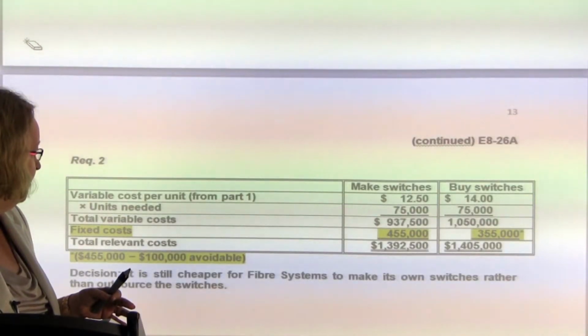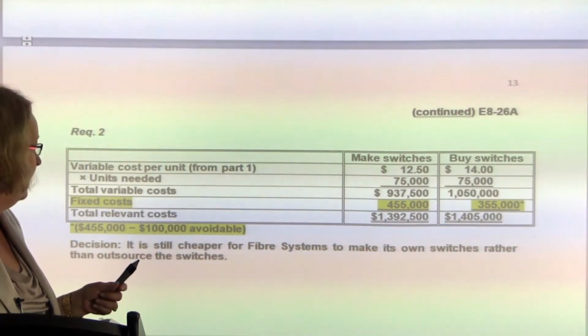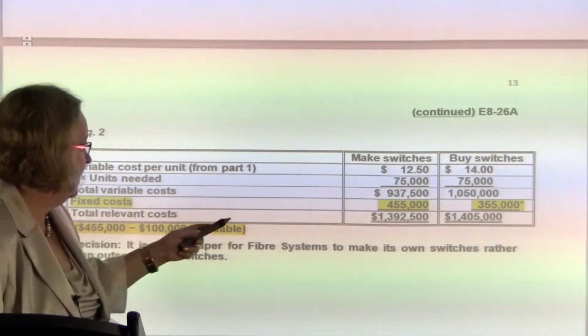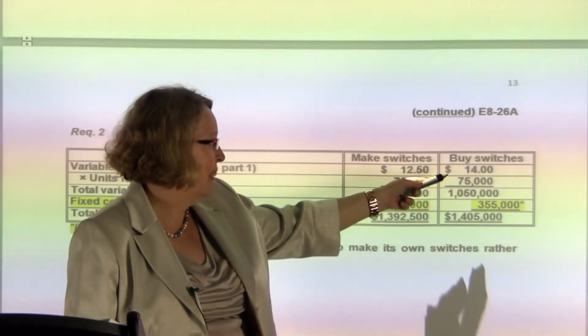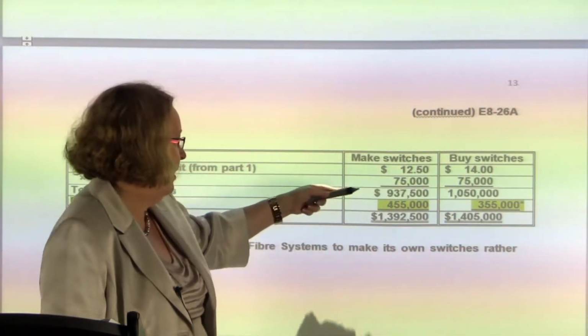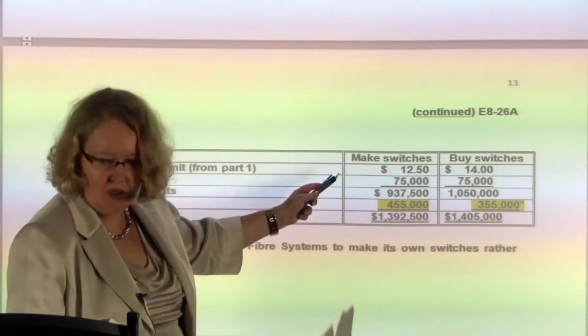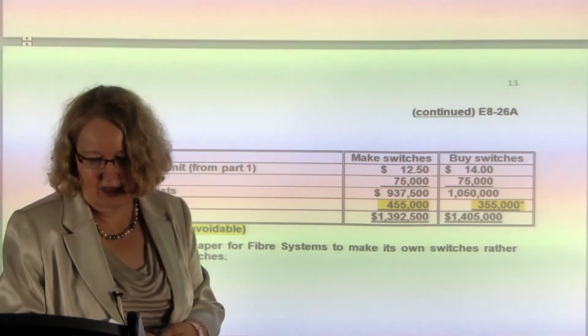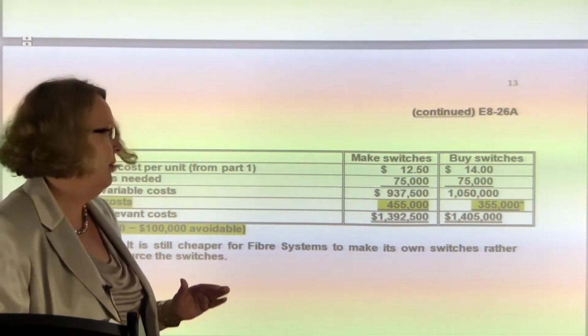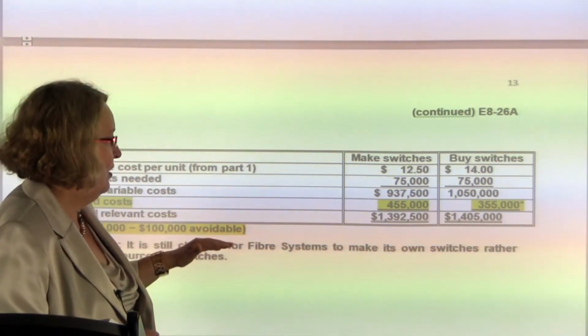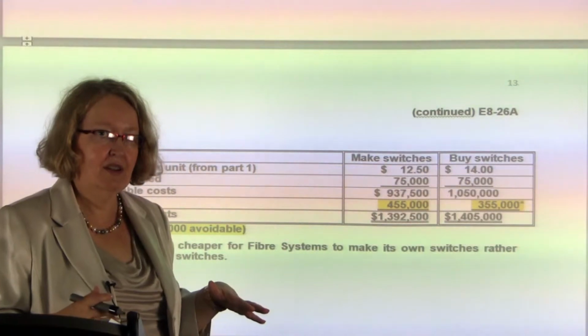So now we've already calculated that the cost to make is $12.50 versus the cost to buy is $14. We know it's 75,000 units that we're talking about.